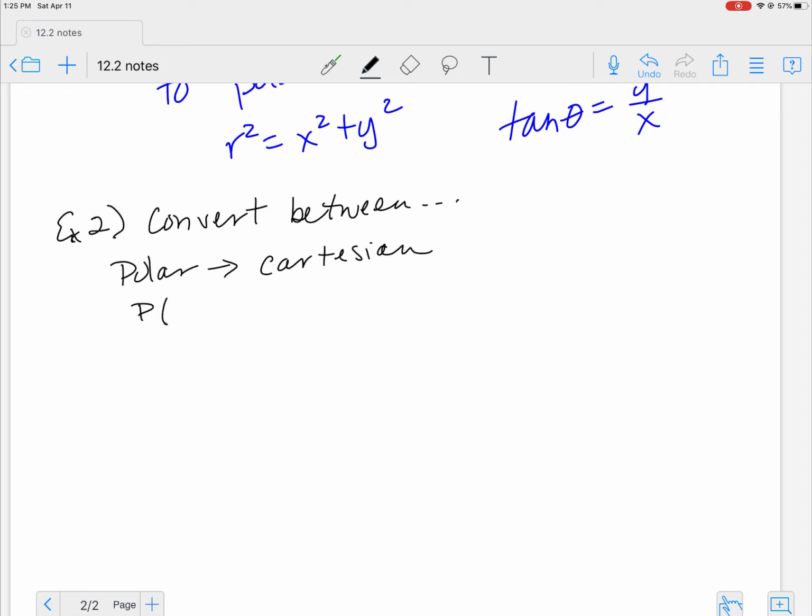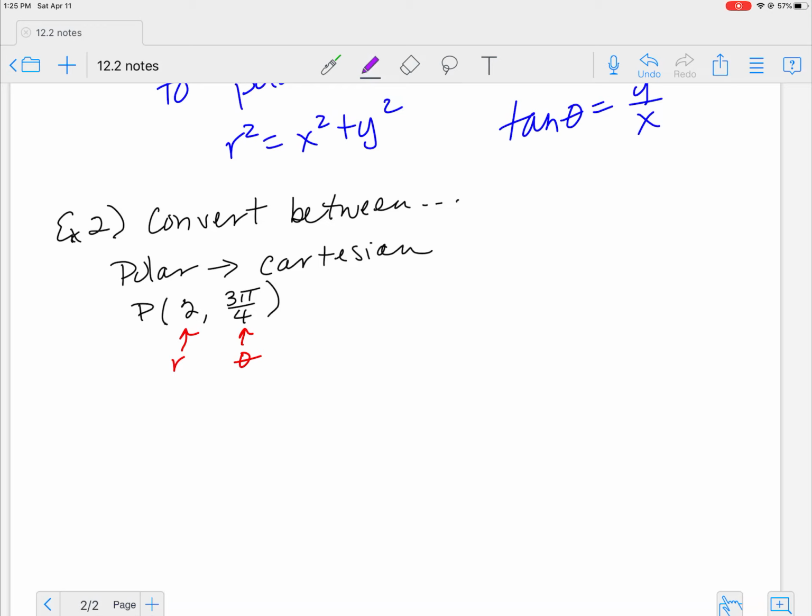I have my point is 2, 3 pi over 4. So I know that this is my radius and this is theta.